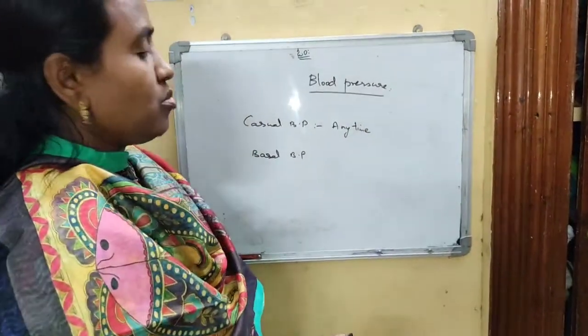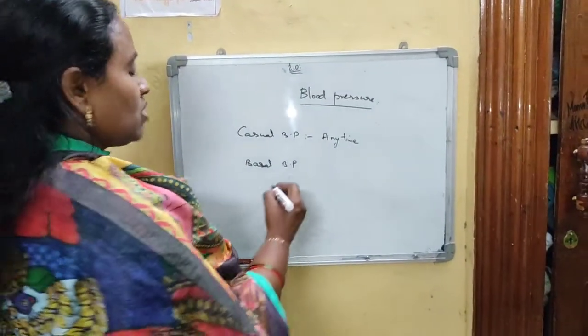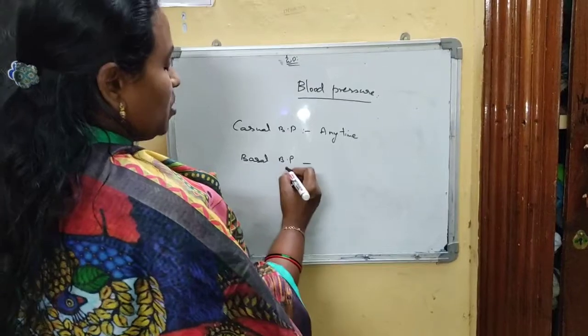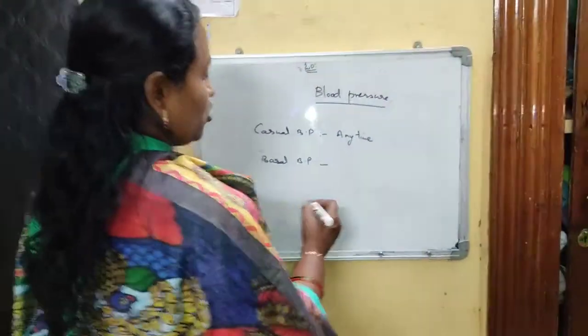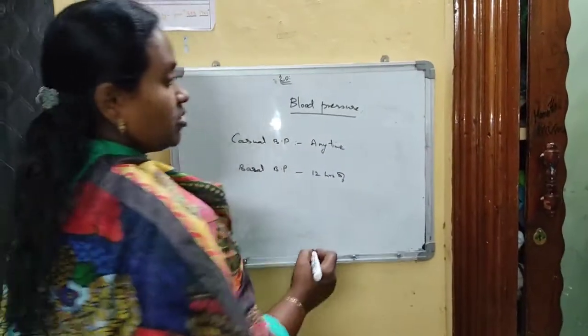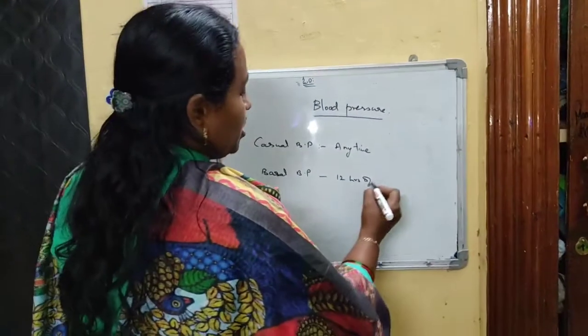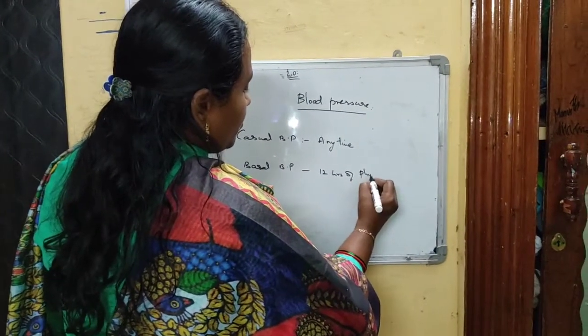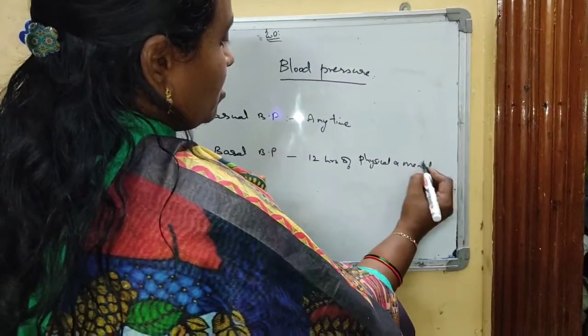At any time of the day, the blood pressure which is measured is called casual blood pressure, and the basal blood pressure is the pressure which is recorded usually after 12 hours of physical and mental rest, and preferably after fasting.